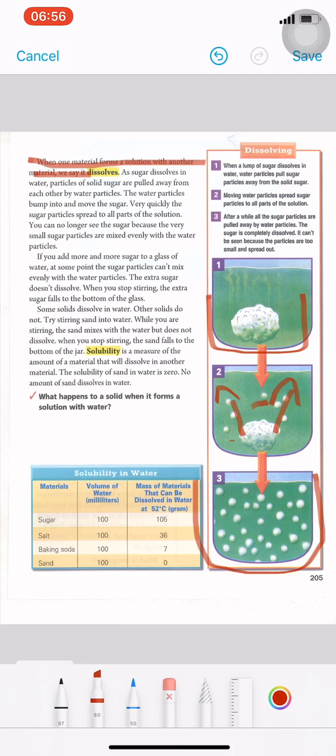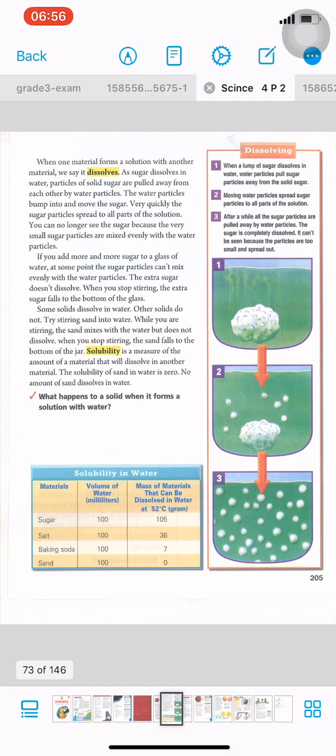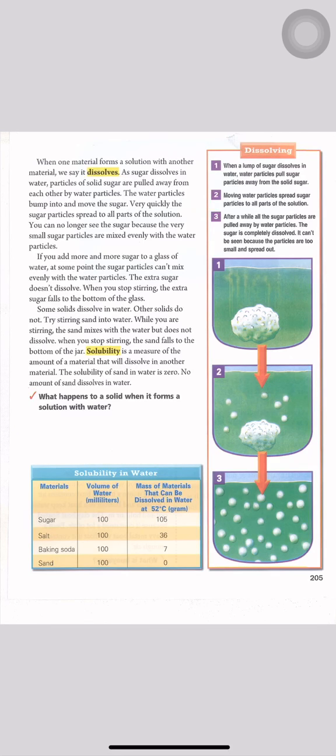Okay, and we have two types of solids: solids that dissolve in the water and solids that don't dissolve in the water. Sand is an example of solids that don't dissolve in the water.